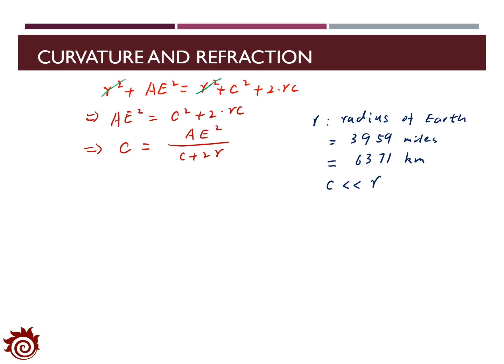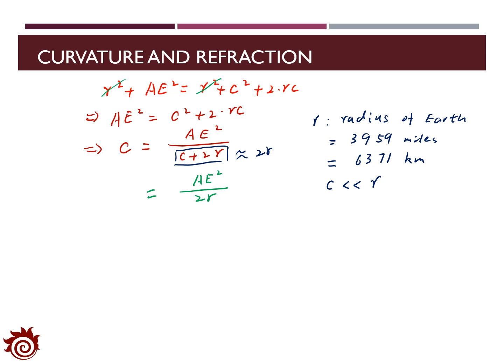In that sense, the denominator is approximately 2R. We will ignore the curvature error part, which gives the estimation of the curvature as AE squared over 2R. This is a simplified equation for the curvature error estimation.